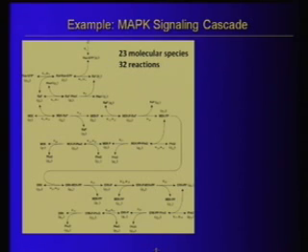EGF is a molecule that attaches on the surface of the cell, to certain receptors, and then when this happens, it generates signaling events of proteins reacting with each other, and the final product is this protein here.